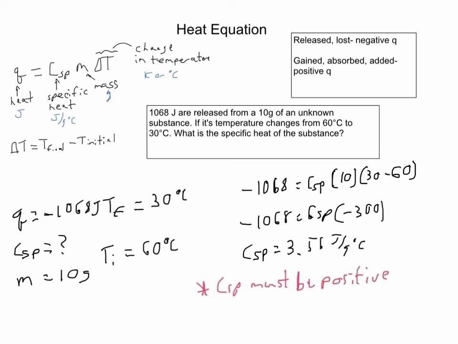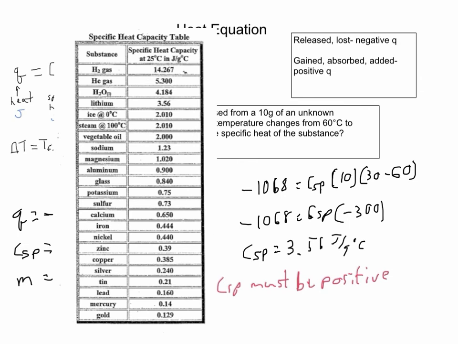So we get 3.56 joules per gram degrees Celsius, and this is actually really useful. If we look at our specific heat table, we can see that the substance that has a specific heat of 3.56 joules per gram degrees Celsius is lithium. So we actually identified the identity of the unknown substance by finding its specific heat. So we can identify substances using specific heat.